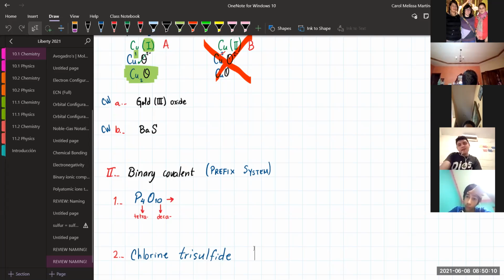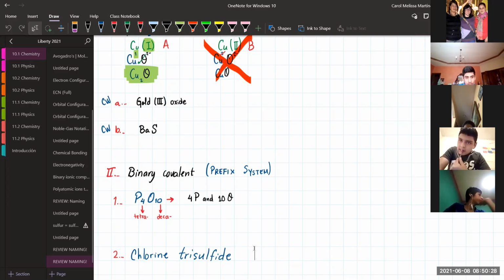Right now I'm just going to write the name for this compound. This compound is made of 4 phosphorus and 10 oxygens. That's the number of atoms, that is what it represents.